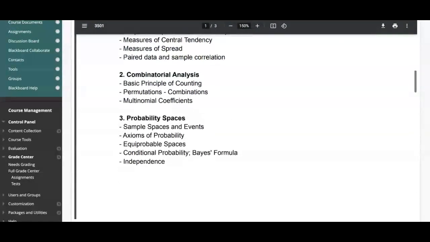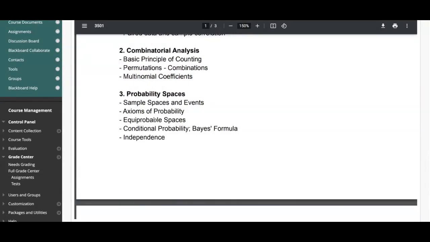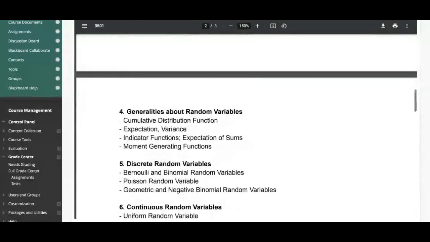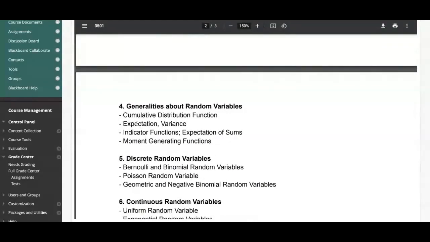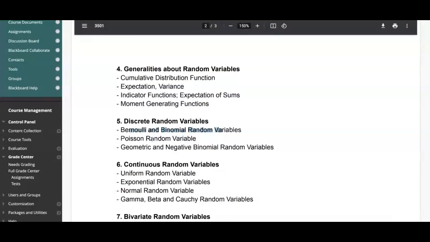We had some combinatorial analysis: combination, permutation, multinomial coefficients questions, conditional probability, applying Bayes formula, of course. Calculating some variance and expected values. Bernoulli, binomial random variables, Poisson random variables, geometric and negative binomial random variables.